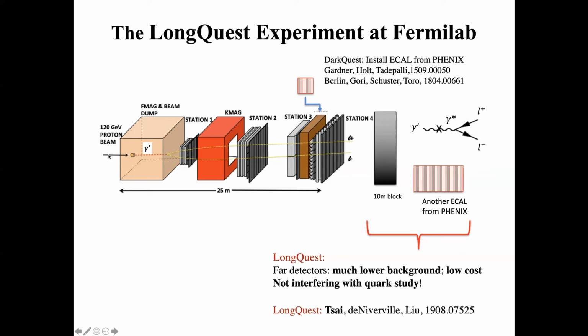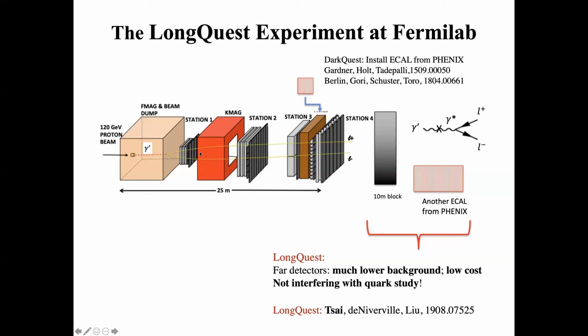But now what I propose is, I think this is not the optimal situation because you have to remove the wall and you also have to interfere with the operation. The easiest way is to put a detector behind this iron block here to search for long-lived particles. And it's very nice, very clean. There's no need to remove anything, so it's low cost.